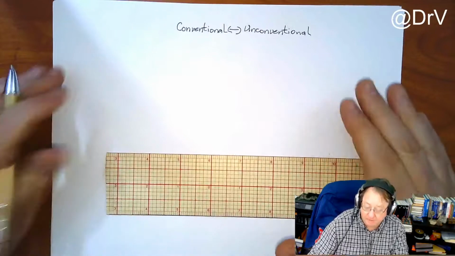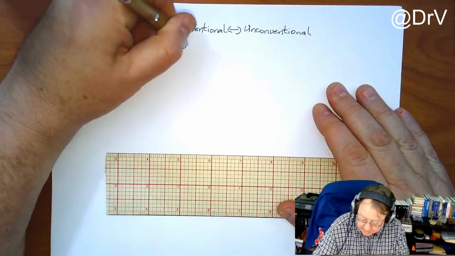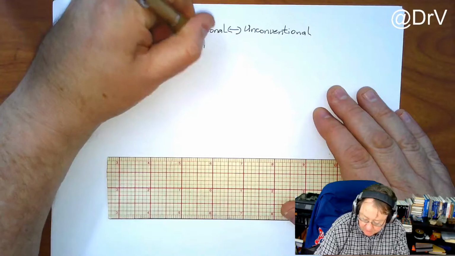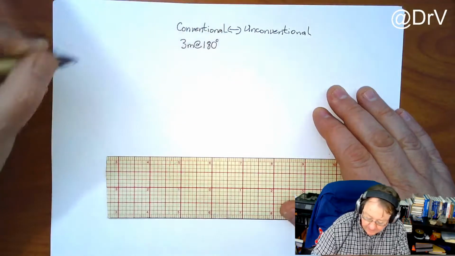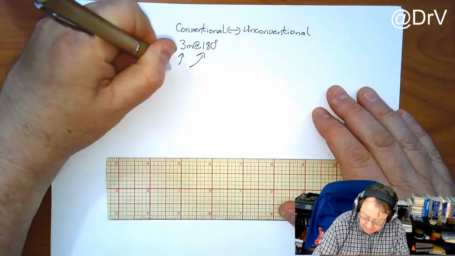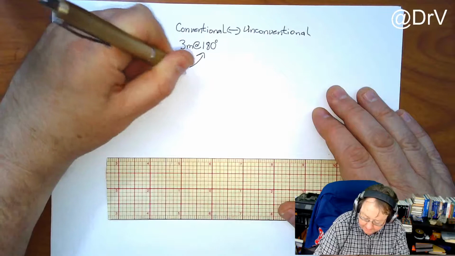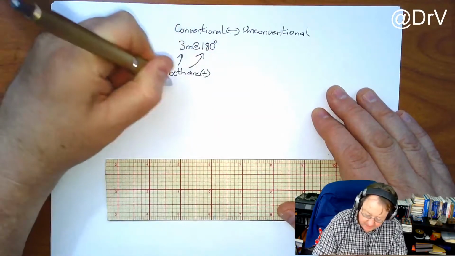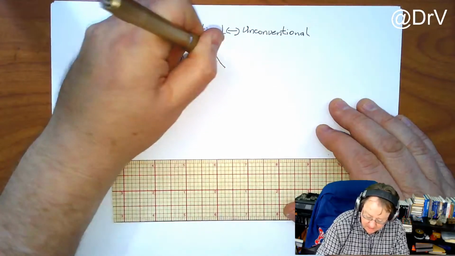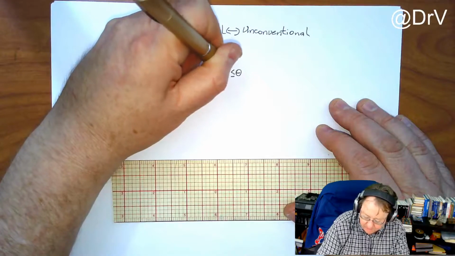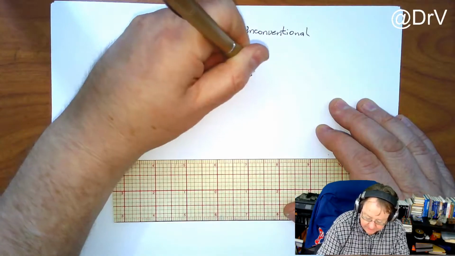When you have a conventional vector, such as 3 meters at, let's just go 180 degrees, both are positive and theta is greater than or equal to 0 and less than 360.